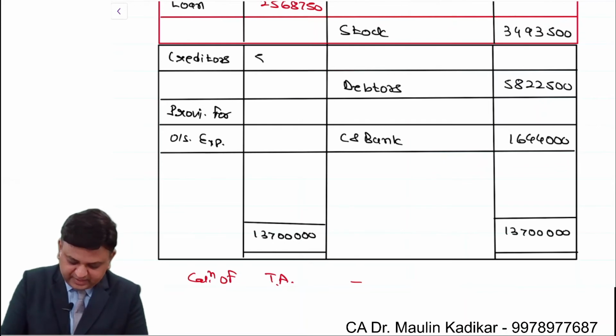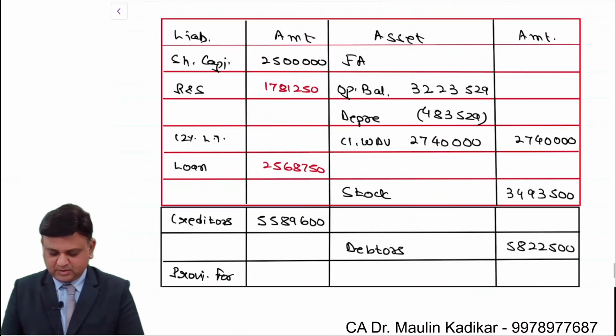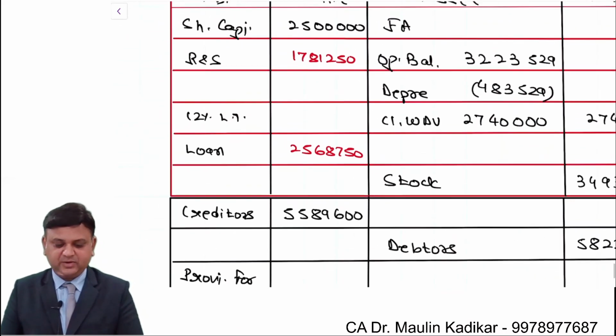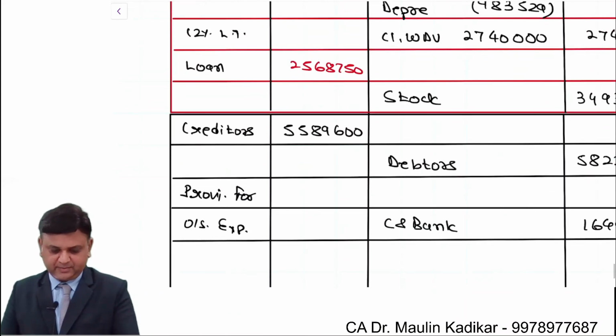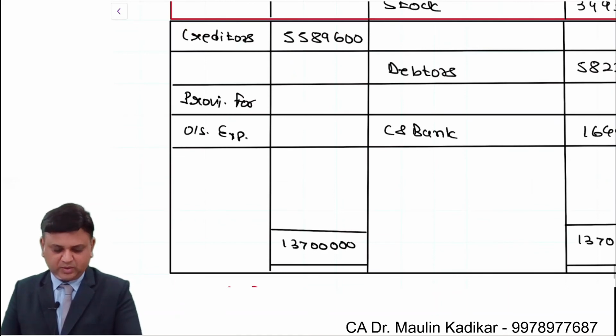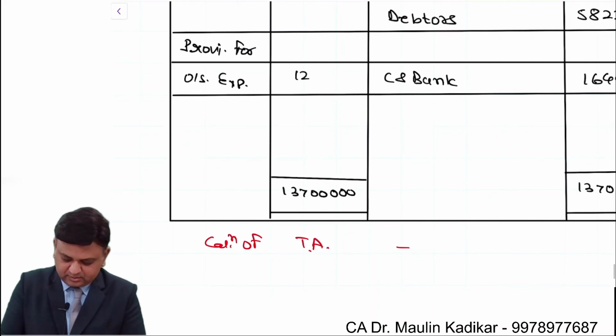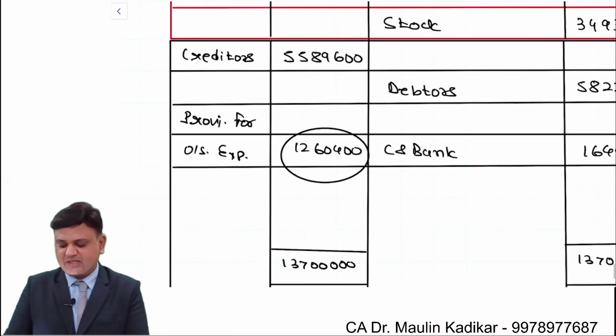Creditors is 55 lakh 89,600. And provision for expenses can be found as the balancing figure: 25 lakh plus 1781250 plus 2568750 plus 55 lakh 89,600 minus 1 crore 37 lakhs. So 12 lakh 60,400, or it can be computed as total current liabilities minus creditors balance.